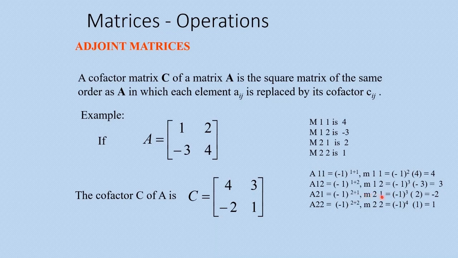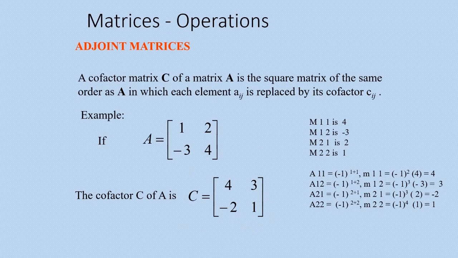A21 is equal to minus 1 to the power 2 plus 1 times M21, which is equal to minus 1 to the power 3 times 2, which is equal to minus 2. A22 is equal to minus 1 to the power 2 plus 2 times M22, which is equal to minus 1 to the power 4 times 1, which is equal to 1.